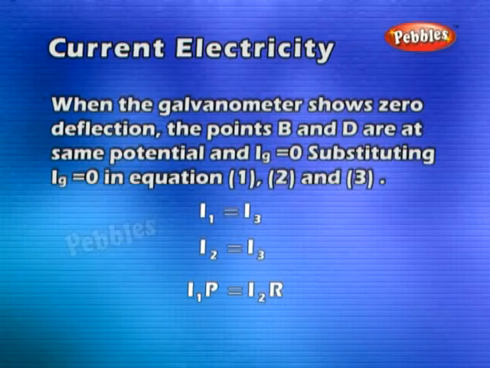When the galvanometer shows zero deflection, the points B and D are at the same potential and IG equals 0. Substituting IG equals 0 in equations 1, 2, and 3: I1 equals I3. I2 equals I4. I1P equals I2R.